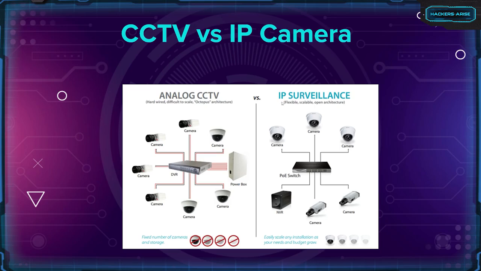But this is where most of the cameras are going now, to these IP type cameras. We got multiple cameras. We got a power over Ethernet switch. In some cases, that would be if we're using Ethernet, or we could use Wi-Fi as well, right? It doesn't have to be power over Ethernet. It could simply be a wireless connection. And then we have a recording device here.